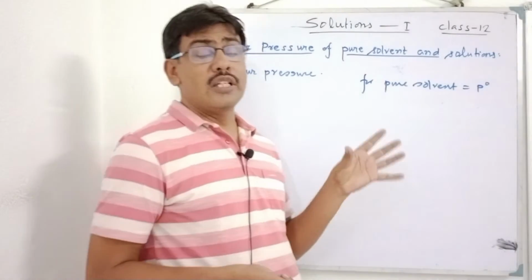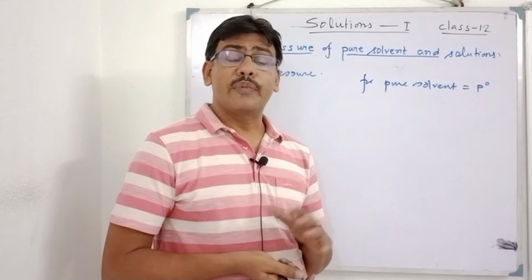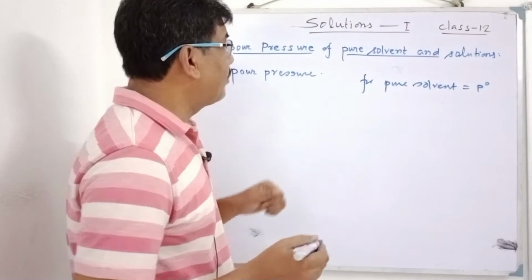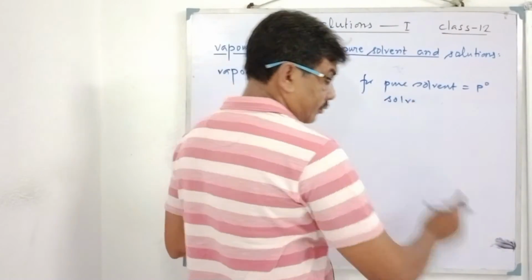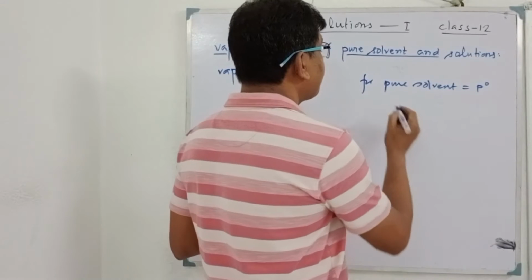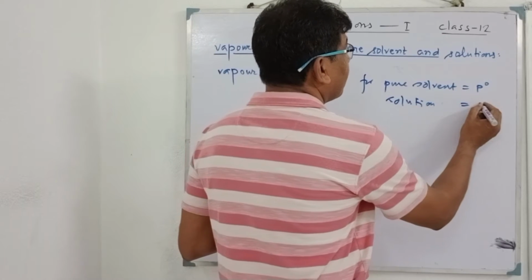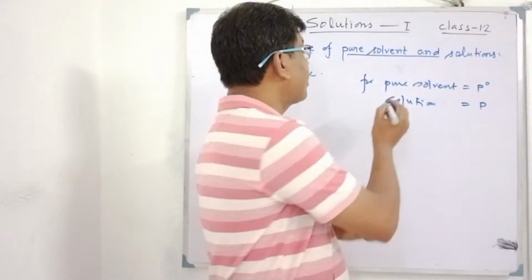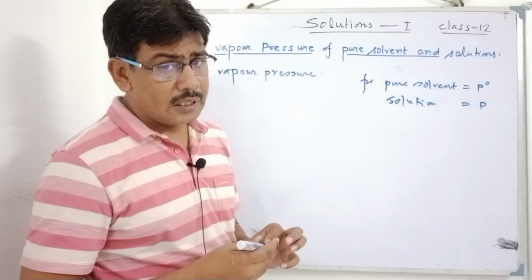That is, if you add some solid particles in a pure solvent, the vapor pressure of the solution produced is low. If you write the vapor pressure of solution as P, this is the vapor pressure of solution, and this is the vapor pressure of pure solvent.